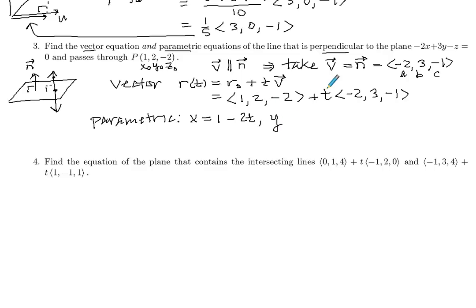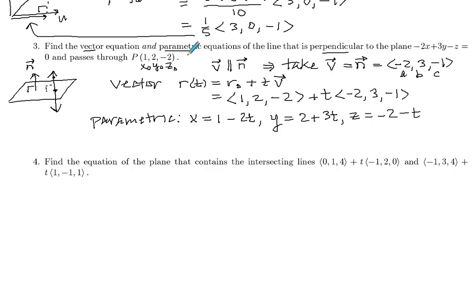The y-coordinate is 2 plus t times 3, so that'd be 2 plus 3t. And your z-coordinate is -2 plus t times -1, so z is going to be -2 minus t. And those are your parametrics. And then, of course, t varies over all real numbers.